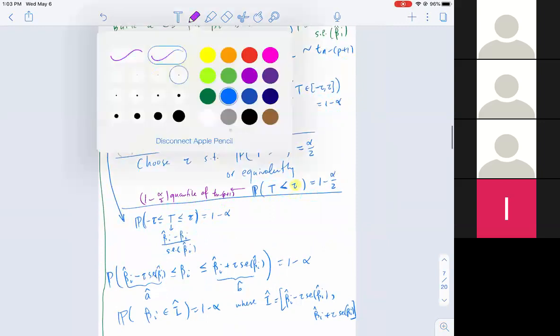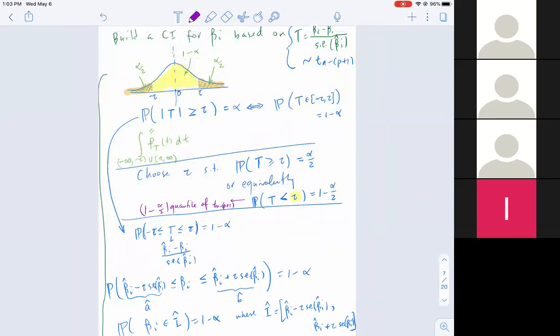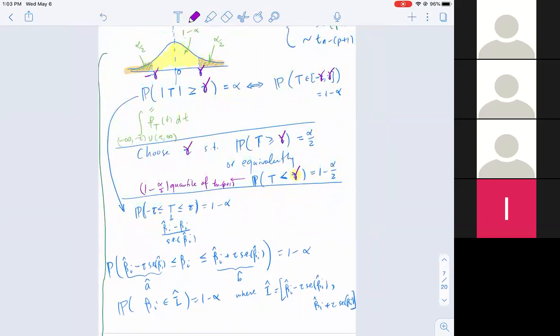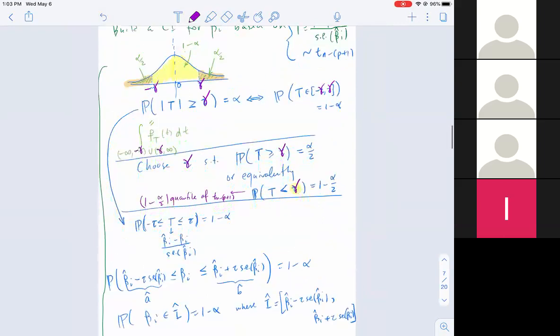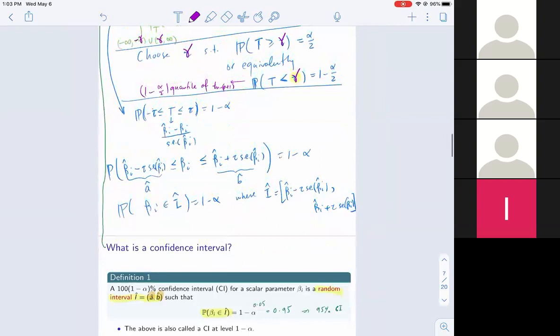Questions? Let me rename this tau while you think about this. I'm going to call this gamma because later I called this gamma. So let's do this: gamma everywhere. Choose gamma such that this holds. And then gamma here, gamma there.